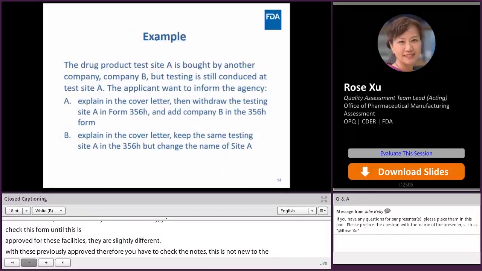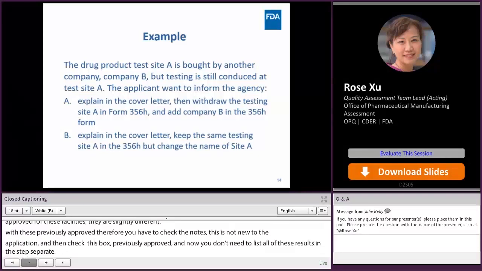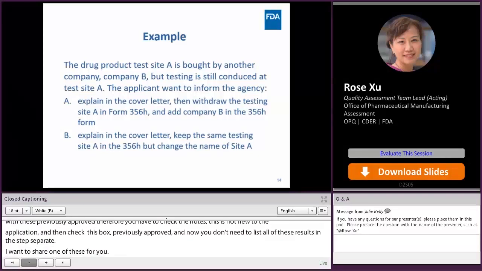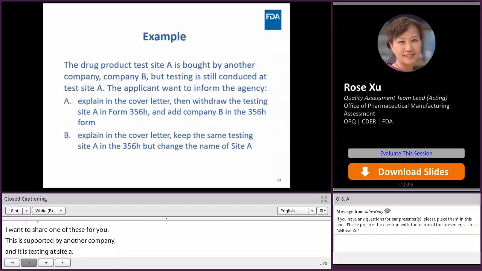So here I want to share with you one of the examples. The drug product testing site A is bought by another company, B, but the testing is still conducted at testing site A. The applicant wanted to inform the agency. So what they do is two options. A, they explain in the cover letter that this site is bought by company B, but testing is still conducted in site A. And then they withdraw testing site A in Form 356H, and add company B in the 356H form.